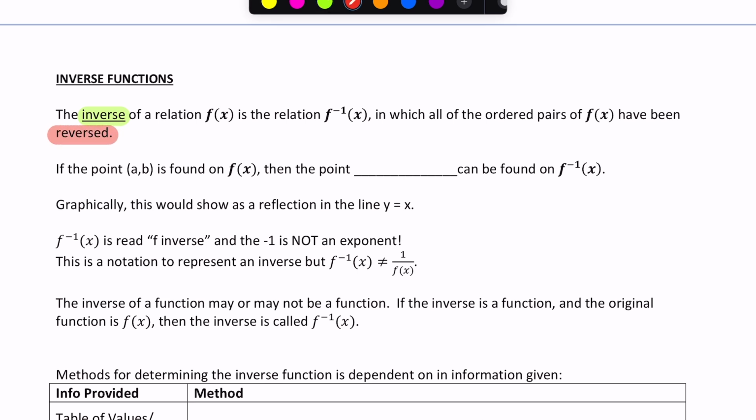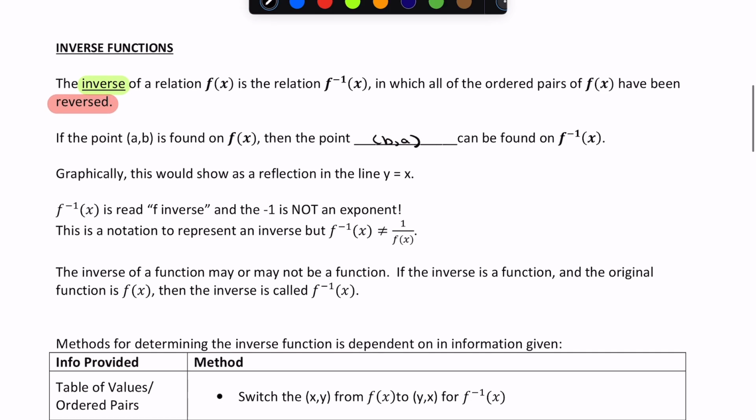So if a point (a, b) is found on f of x, then point (b, a) can be found on the inverse. Graphically, this would show as a reflection in the line y equals x. The line y equals x would look like this. If you put your function on here and then found the inverse, it will reflect across this line.